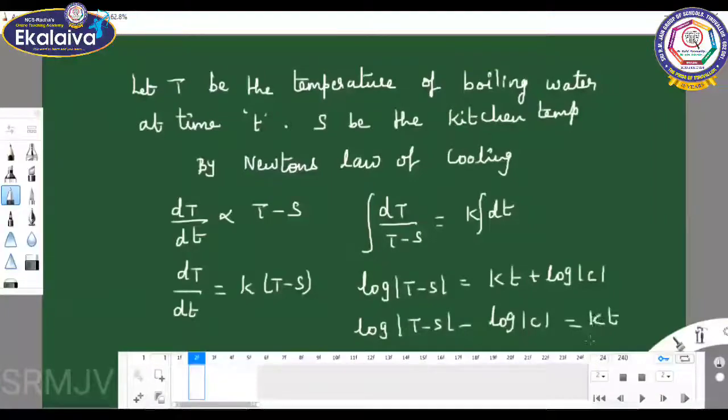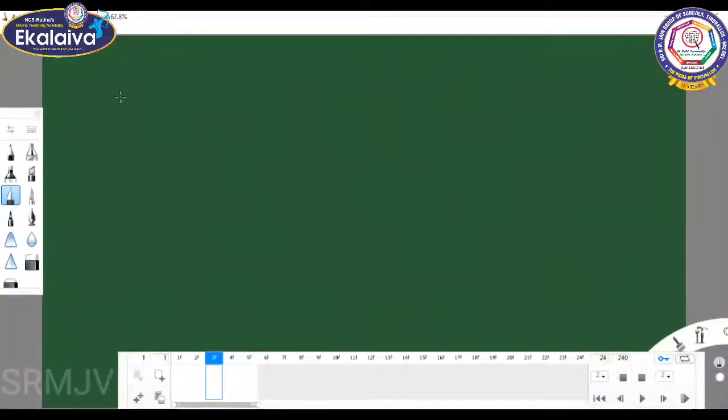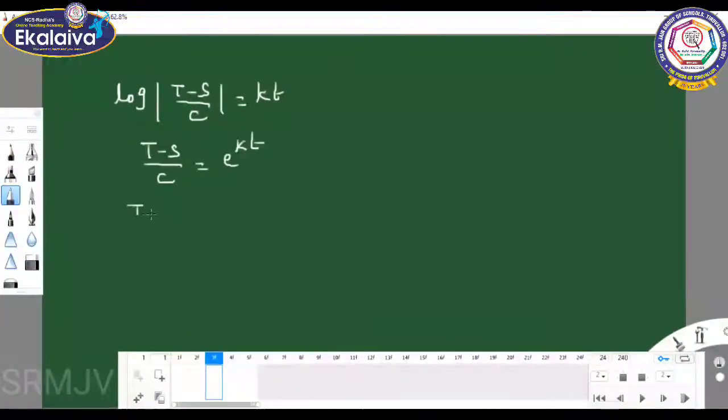Since log M minus log N equals log of M by N, log of modulus of (T minus S) by C equal to kt. Taking antilog on both sides, (T minus S) by C equal to e power kt. So T minus S equal to C e power kt, and T equal to S plus C e power kt.